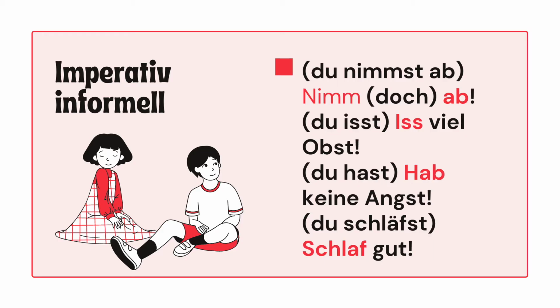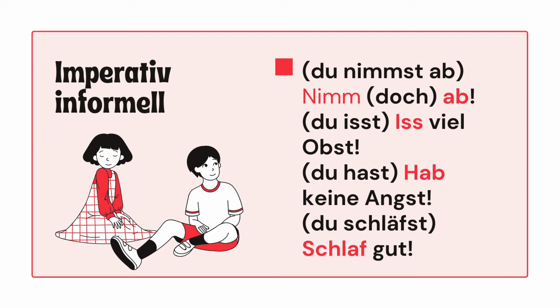So the informal imperative is still continuing on this slide. Du nimmst ab means you lose weight. When you want to put it in the imperative, you just say nimm doch ab or nimm ab, which means lose weight.